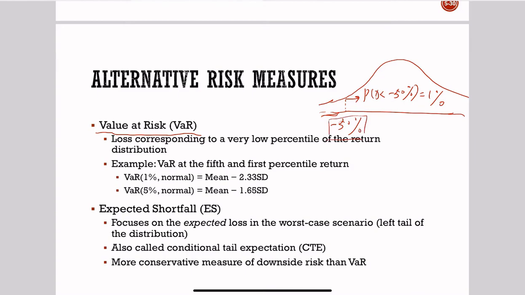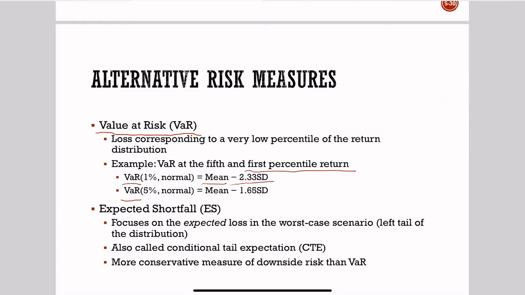We could also look at the normal distribution. So you can see here it says the value at risk at the 1% return is given by mean minus 2.33 standard deviations, and the value at risk at the 5% return is given by mean minus 1.65 times standard deviation.